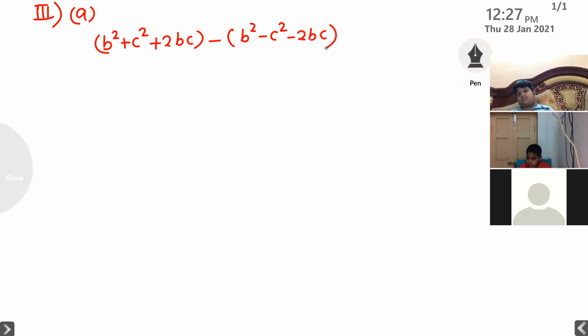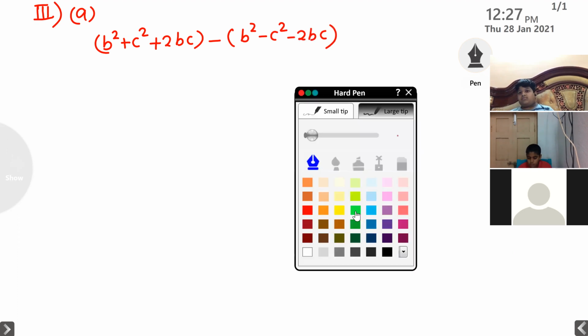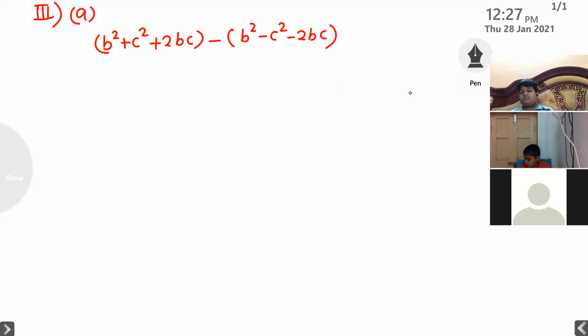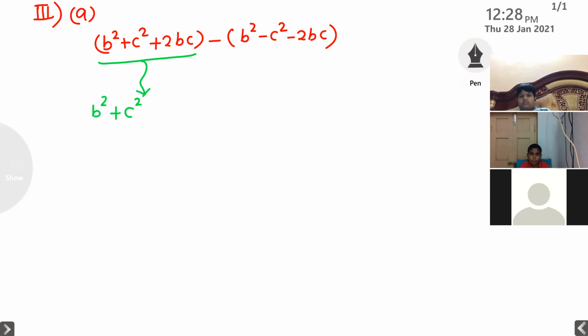I explained this question like that in yesterday's class. Here we want to subtract these two expressions. I told you, if I want to subtract two expressions, in the second expression all signs will change. The first expression I will write as it is: b square plus c square plus 2bc.